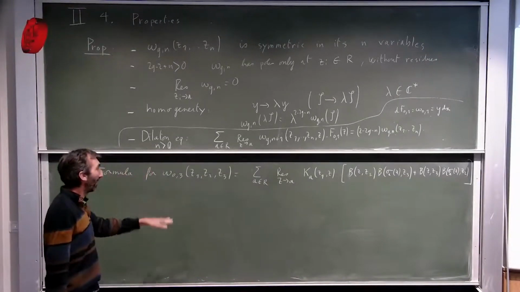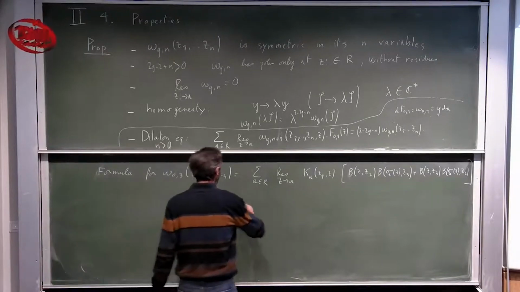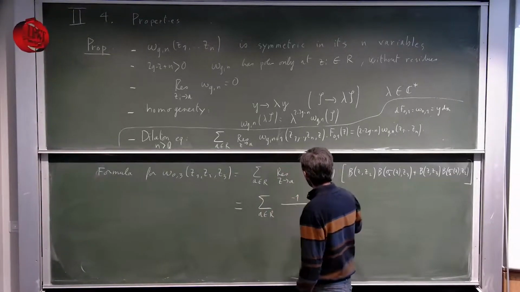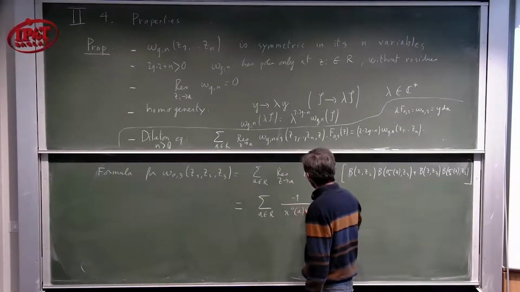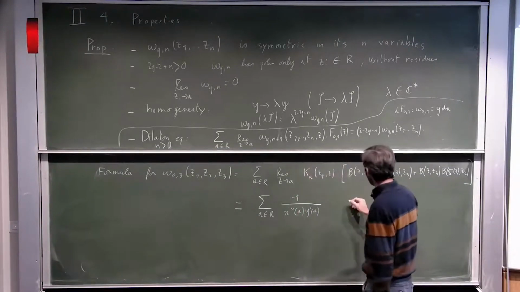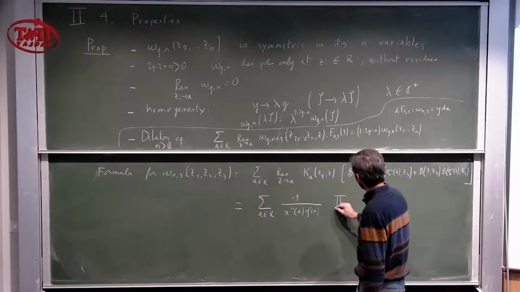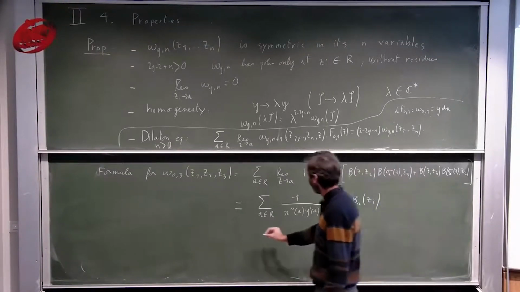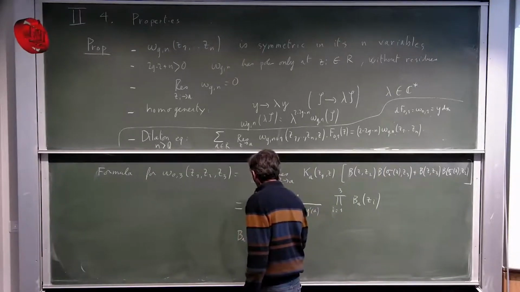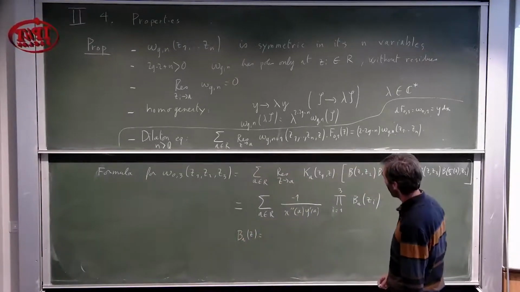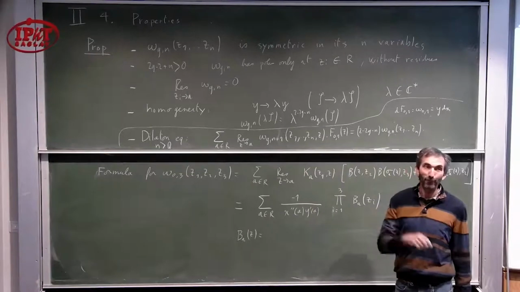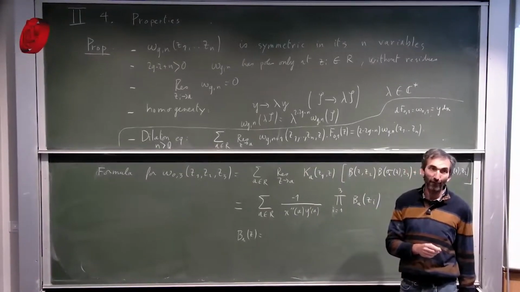I let you do the computation carefully, but what you will find is that it is the sum over A belonging to R of -1 over x''(A) y'(A) times the product for i equals 1 to 3 of B_A(z_i). B_A(z) will be just the B evaluated at A, where one of the two variables is evaluated at A, but when you do that, you get a differential form.